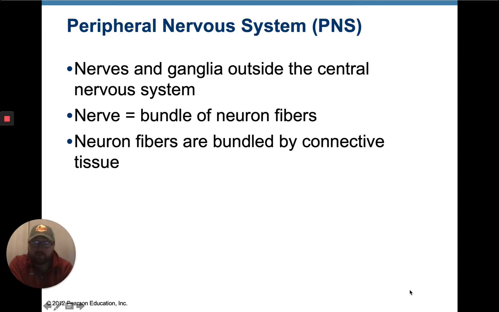If the electrical wire isn't insulated, it loses its signal. Neurons are the same way, but we don't put rubber coatings around neurons, obviously. What we do put around neurons are neuroglia. Specifically, we put a myelin sheath around there that's made up of oligodendrocytes in the central nervous system, or Schwann cells in the peripheral nervous system, which is where we are now.